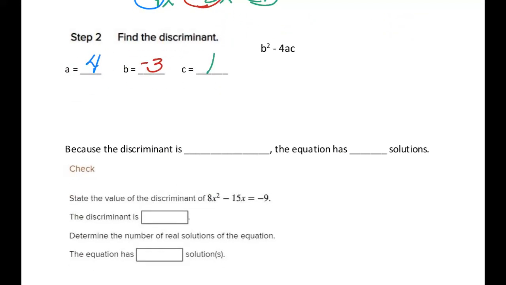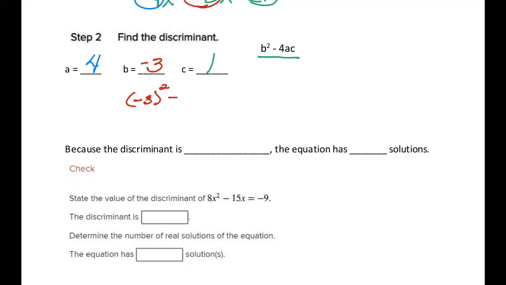All right. Now, we need to substitute the a of 4 into this expression, the b of negative 3, and the c value. So b is negative 3, and that gets squared. Remember, anytime you have a negative value, please put it in parentheses.